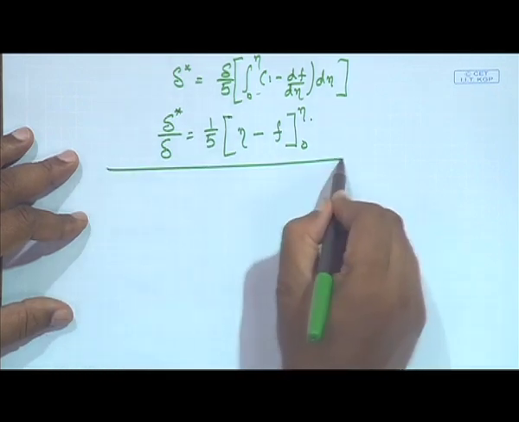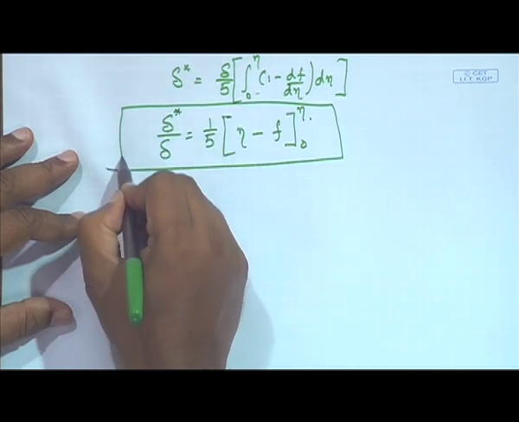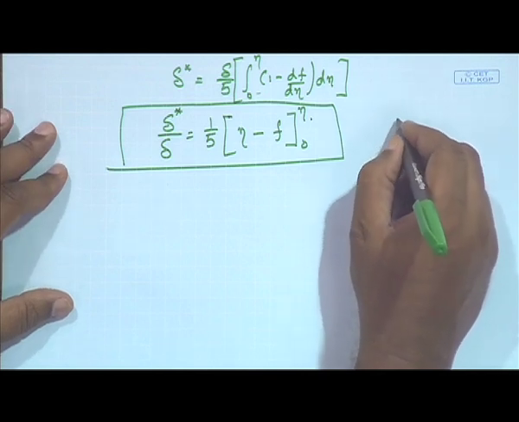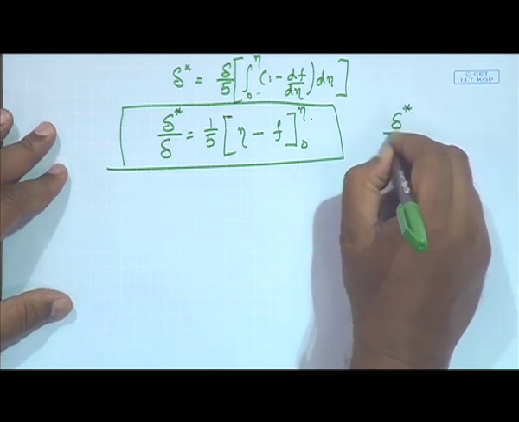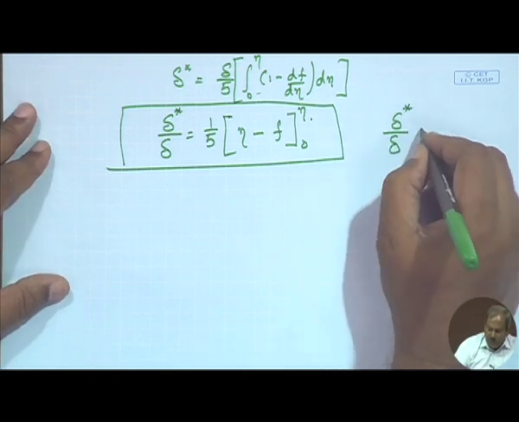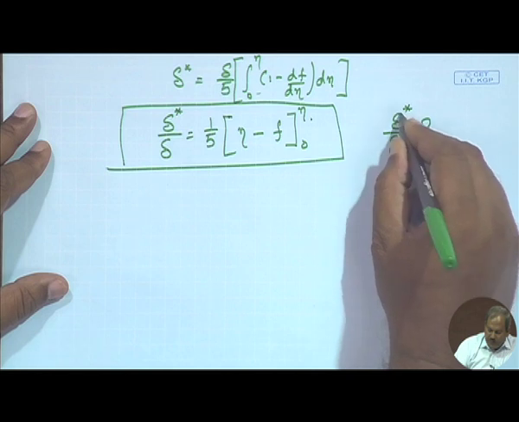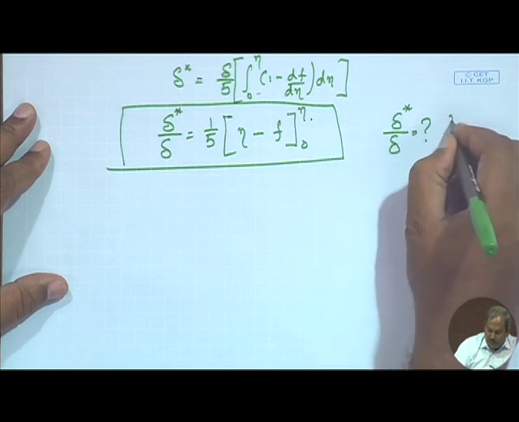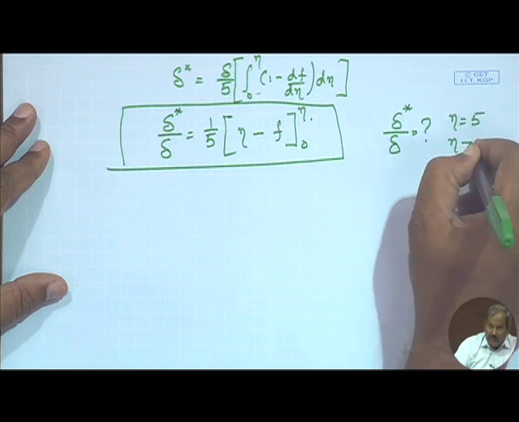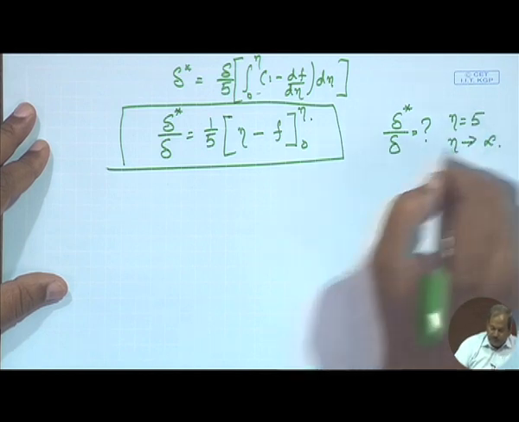Now this is the complete expression that I am going to use to obtain the solution to the problem, where the value of delta star by delta was to be evaluated for eta equals 5 and as eta tends to infinity.